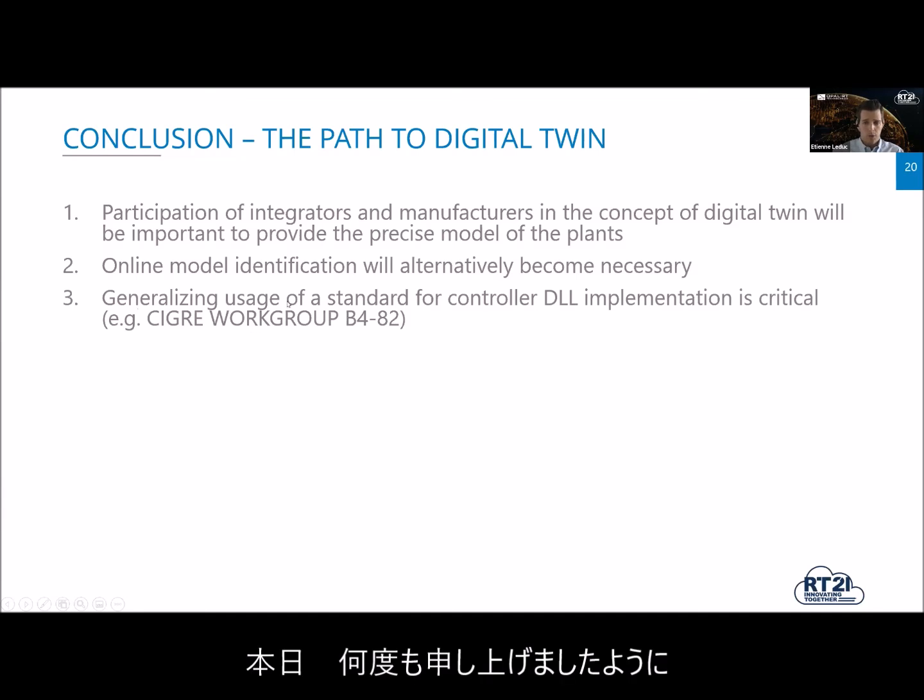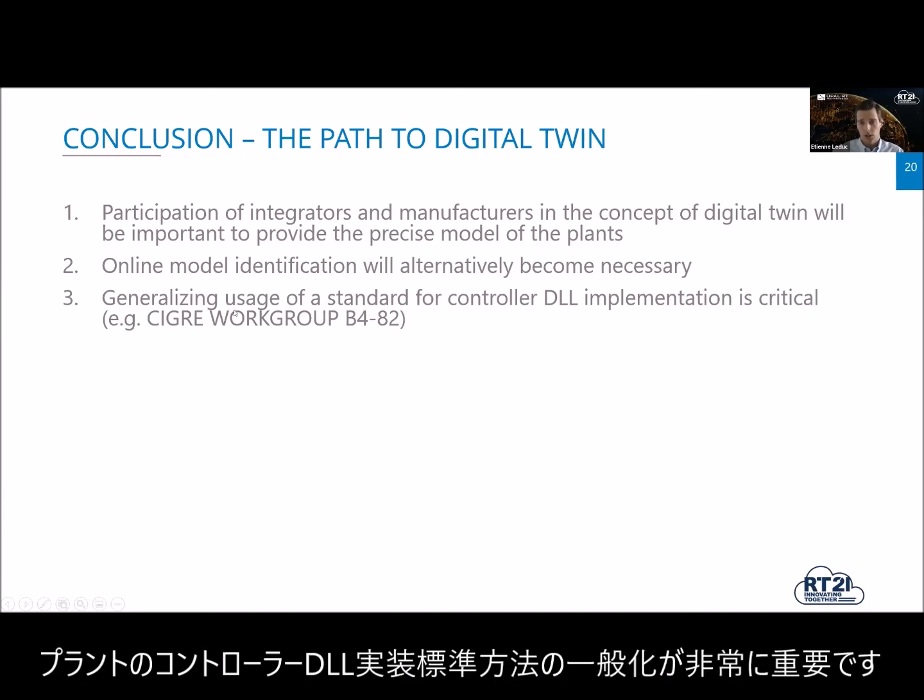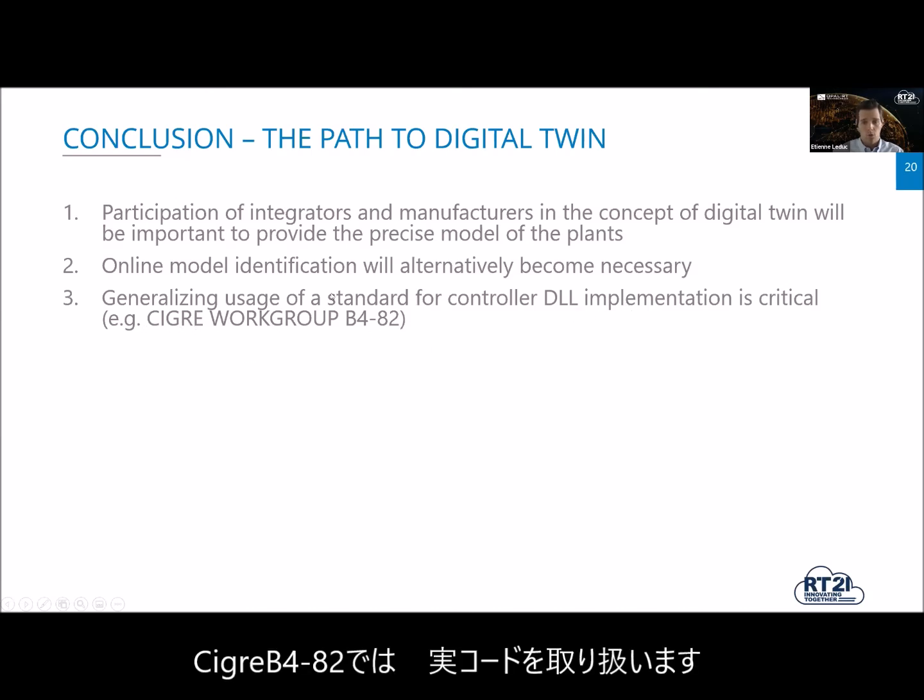It's very important, as we mentioned many times today, to generalize the usage of a standard for controller DLL implementation, like the CIGRE working group B4.82 is working on, the real code.